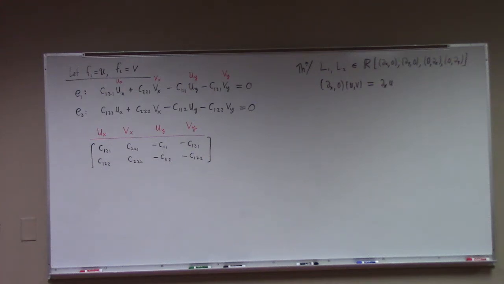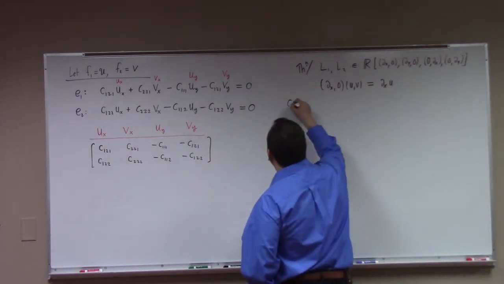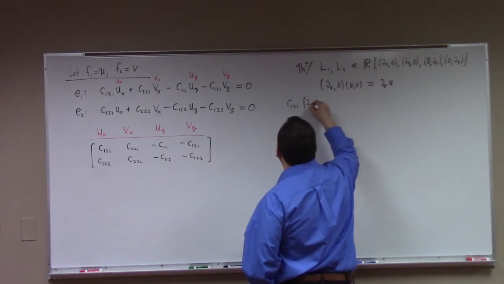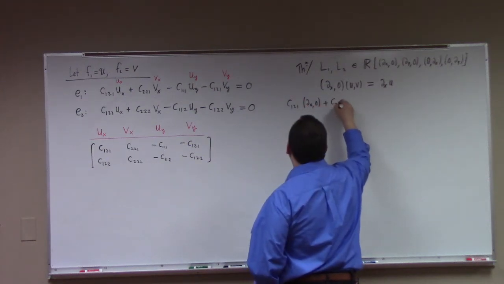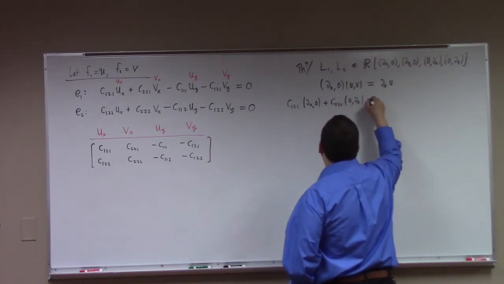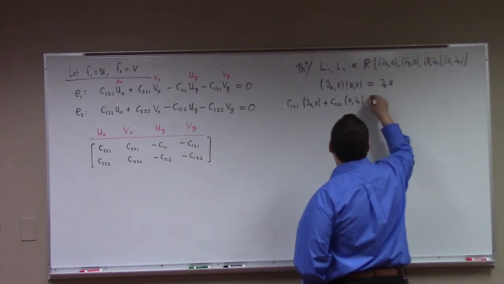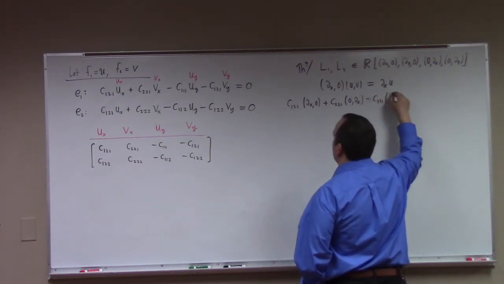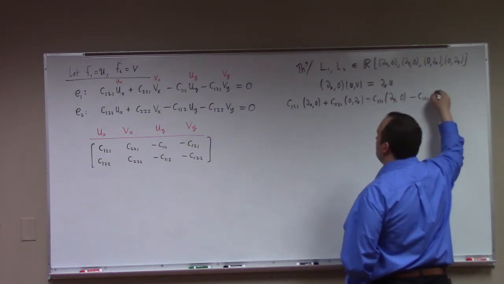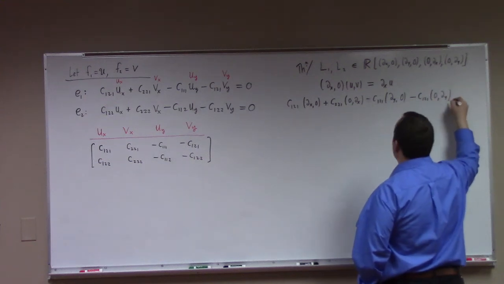If I made such a definition, it seems to me that the first equation could reasonably be rewritten as C121 partial x comma 0 plus C221 0 comma partial x minus C111 partial y comma 0 minus C121 0 comma partial y, right?